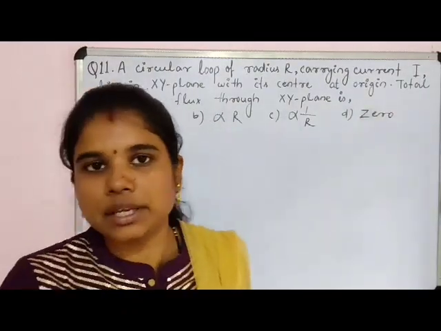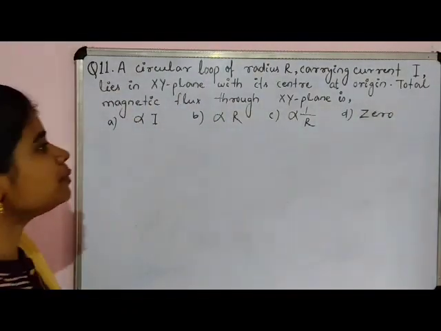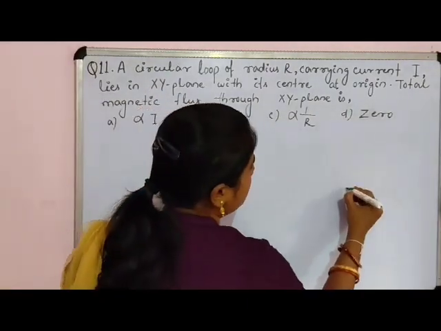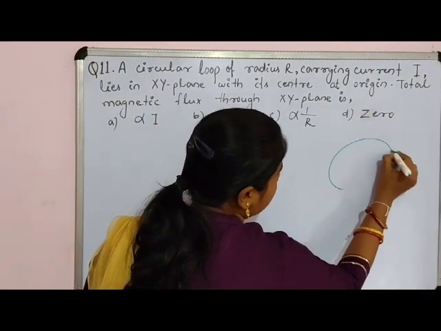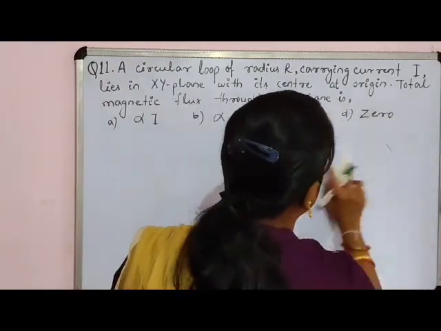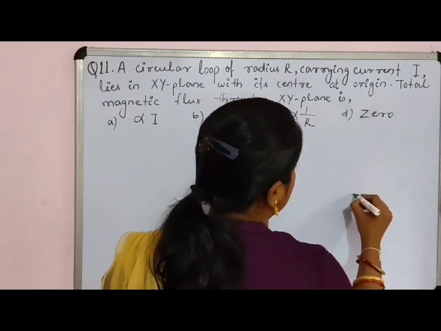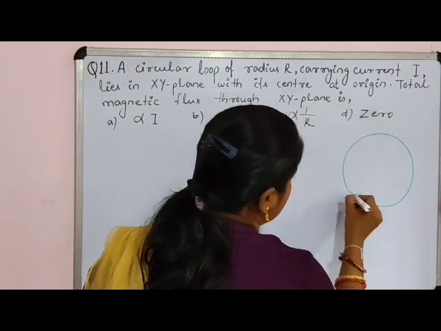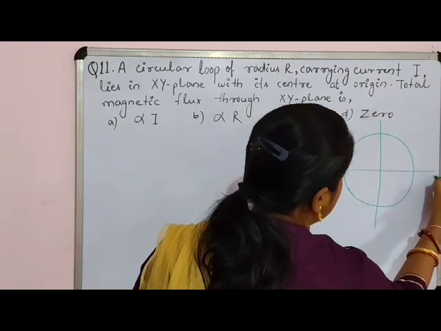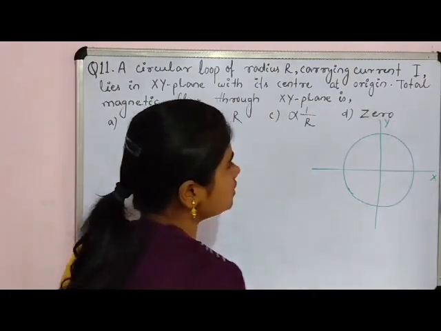Okay, so let me draw the diagram first so that it will be clear to all of you. Now suppose this is the circular loop. Let me draw it clearly. Yes, this is a circular loop. Suppose this is the x-axis, this is the y-axis.